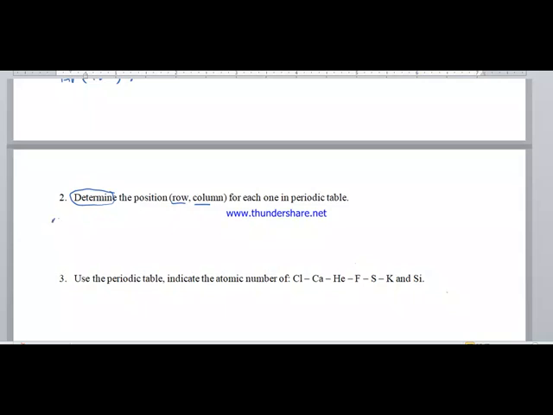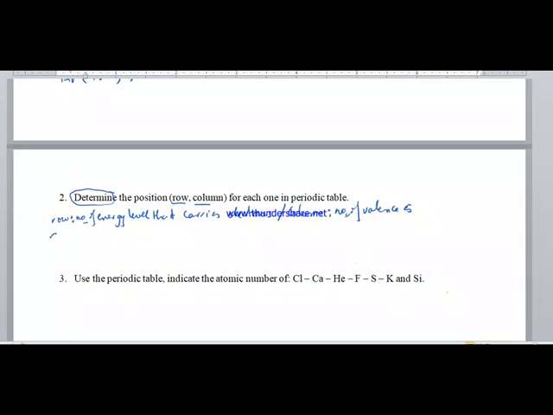Row, according to the definition, is the number of energy levels that carry electrons. Column is the number of valence electrons.